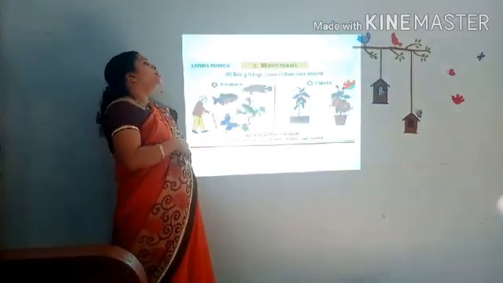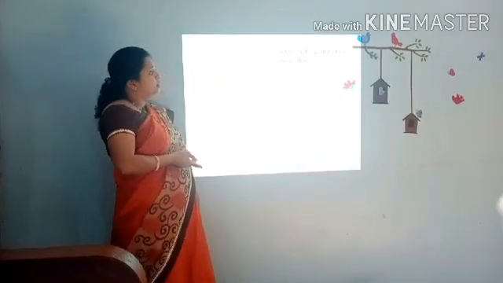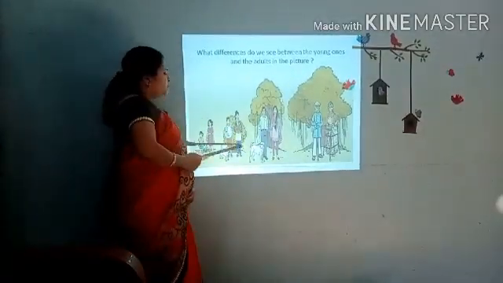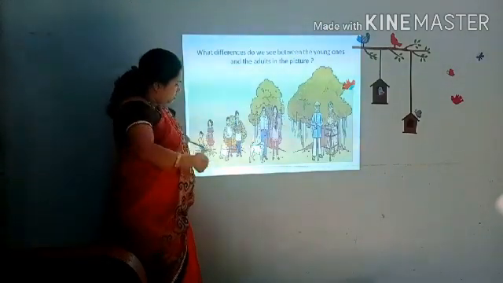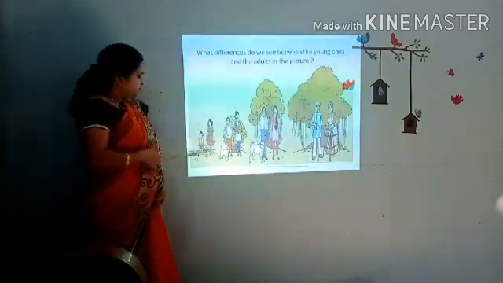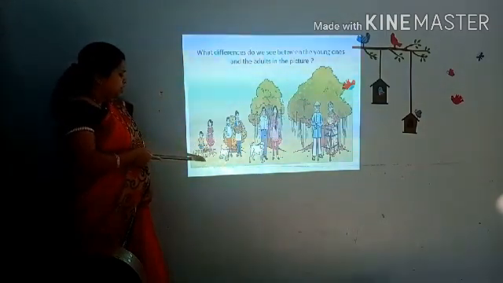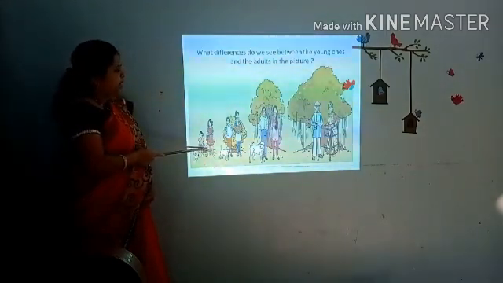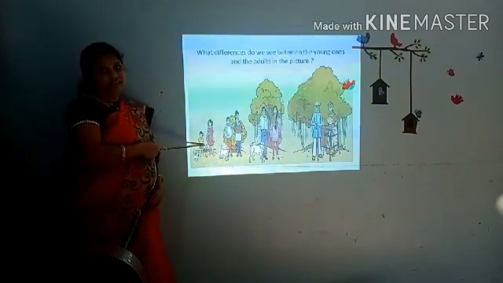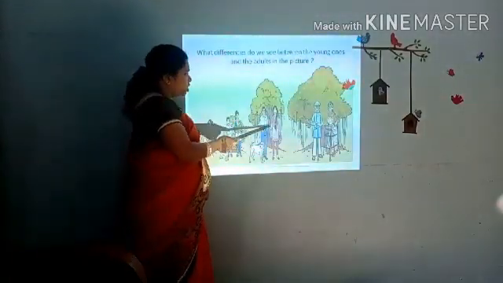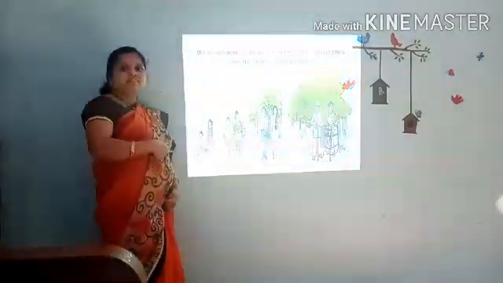Now we will see the next characteristic in the living thing. Now see, you can see the differences in this picture. Here you can see the dog, a boy, a girl, then there is a chick, there is a plant. As time passes, you can see the change in them. Then what happens in this picture?